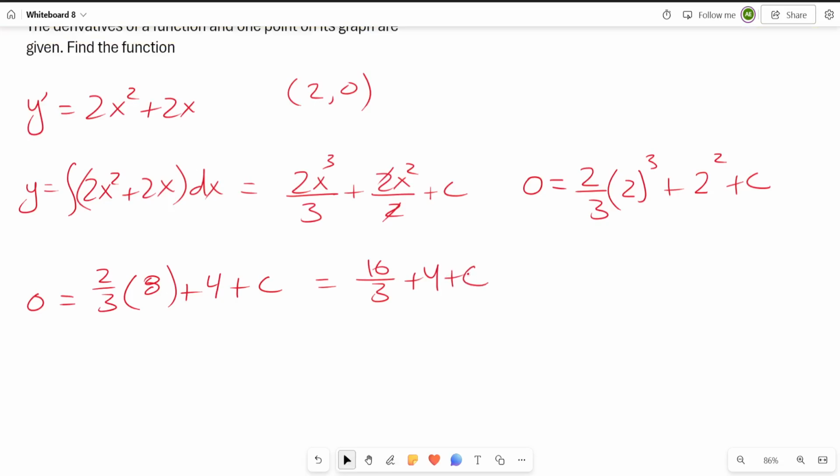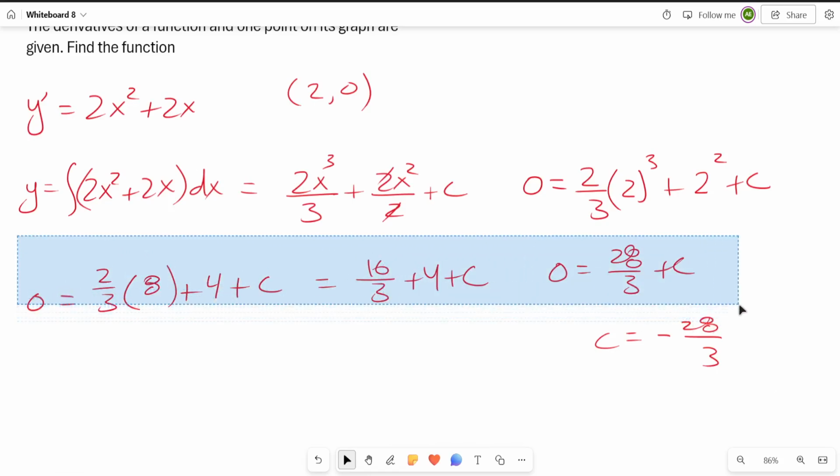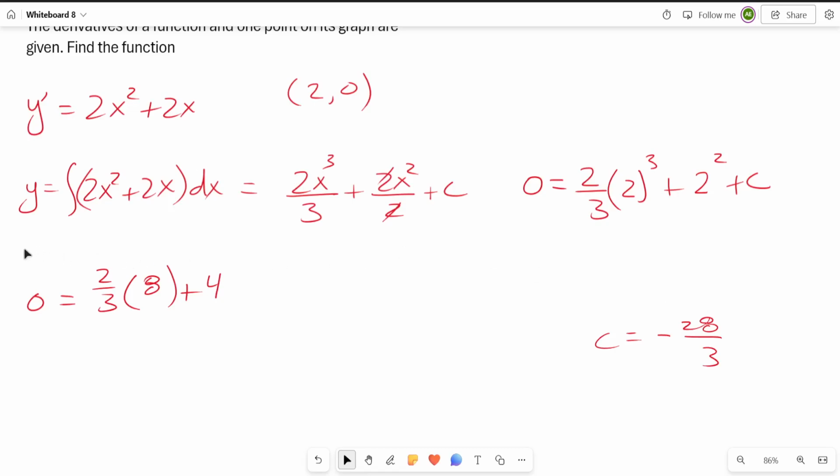So 16 over 3 plus 4 gives me 28 over 3. So 0 equals 28 over 3 plus c, which makes c equal to negative 28 over 3. And from here, my final y function is going to equal 2 over 3 x cubed plus x squared minus 28 over 3. And this is going to be my answer.